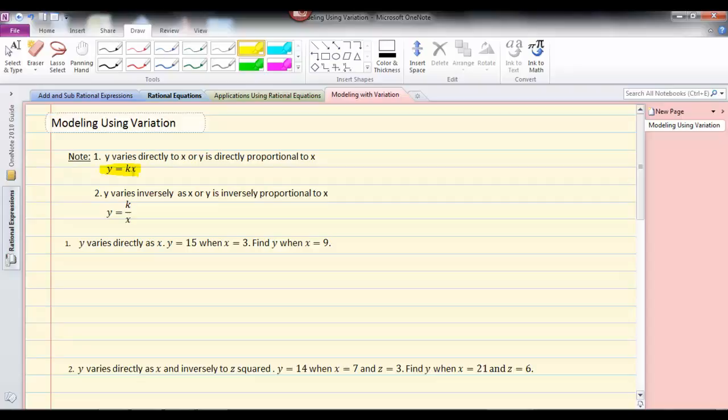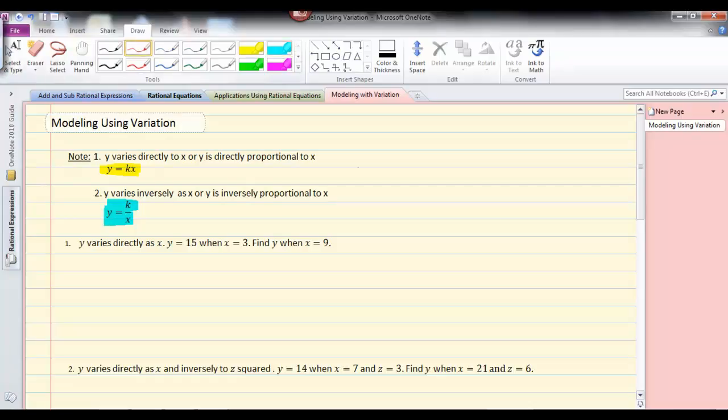And then the second scenario is inversely proportional, or varies inversely to the other object. So y varies inversely as x, or y is inversely proportional to x. What does that mean? That translates to y equals k over x. Once again, inversely brings in the 1 over x, and since it's proportional, you still have to worry about that multiple k.